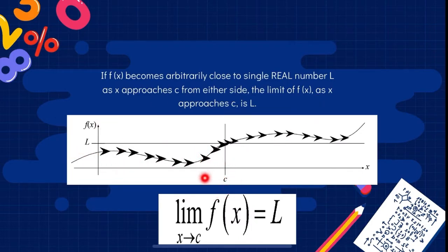Here is c, and this is x. So as x approaches c from either side, which means either from the left side or from the right side, f of x when it approaches c will be L. So again, as x approaches c from either side, the limit of f of x is equal to L.